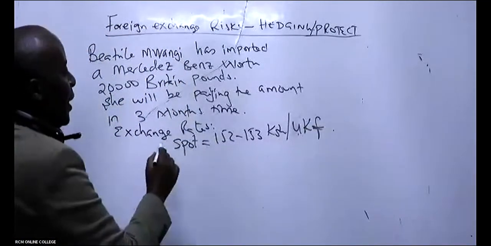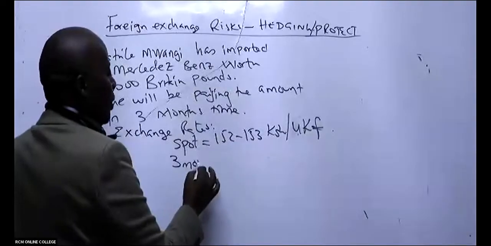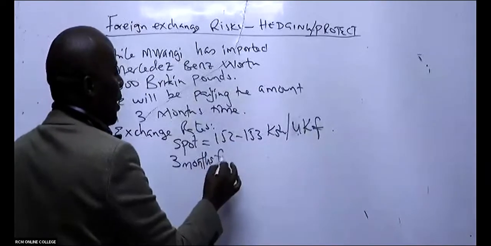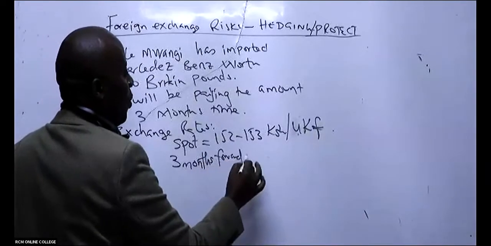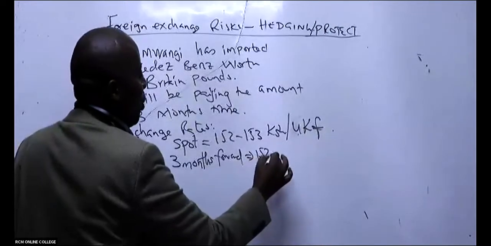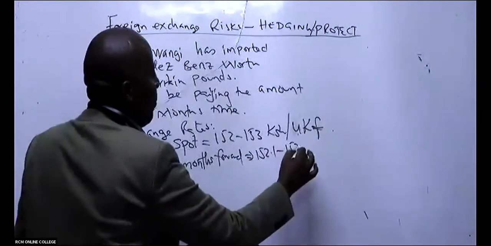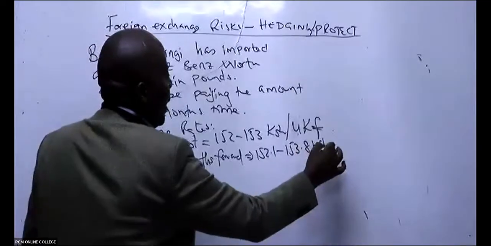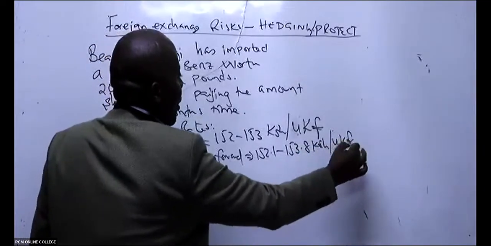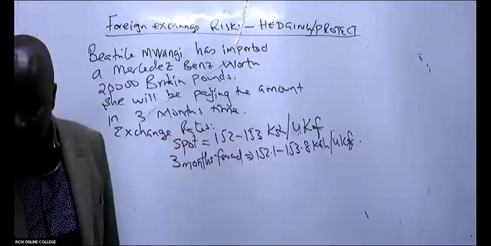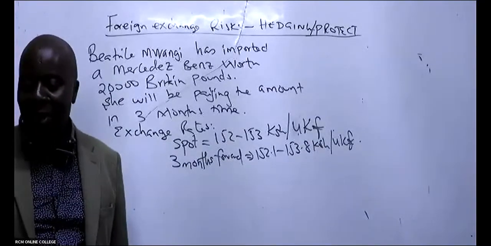And then we have in this case here the 3 months forward rate. 3 months forward, it will be 152.1 to 153.8 Kenya shillings per UK pound.